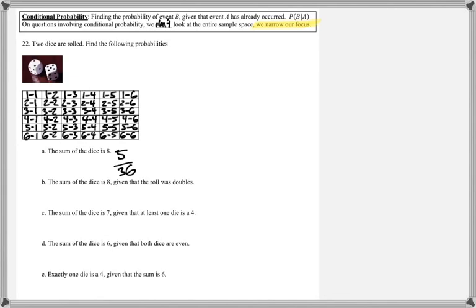Part B says the sum of the dice is 8, given that the roll was doubles. So we no longer want to look at the entire sample space. We don't want to look at all 36 options, because we know that the roll was doubles. So we only want to look at the doubles.